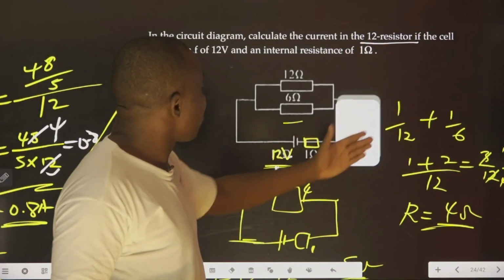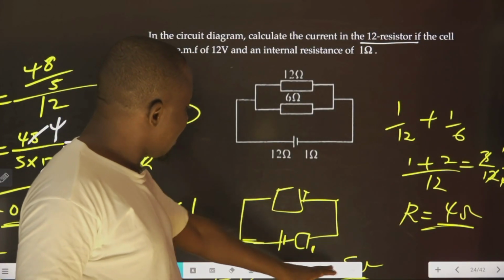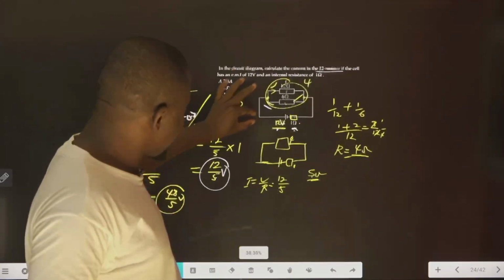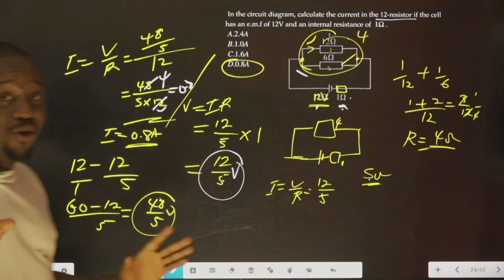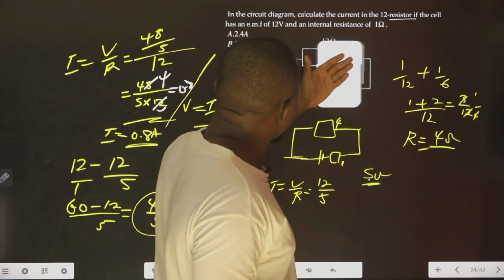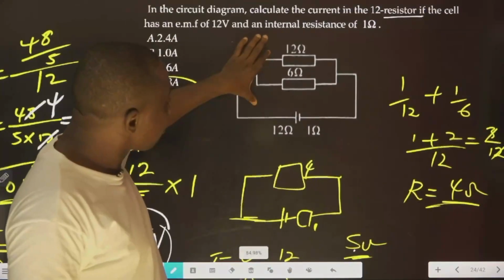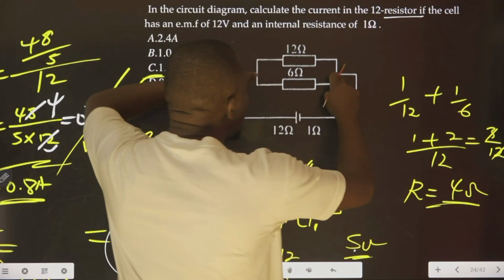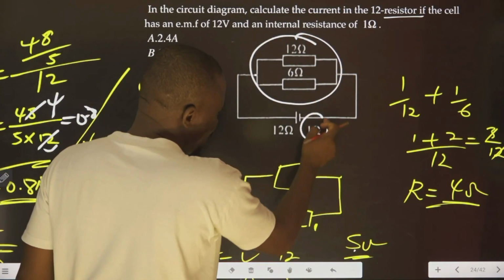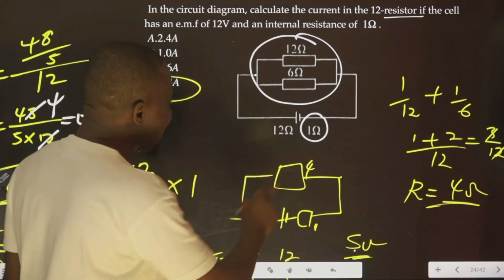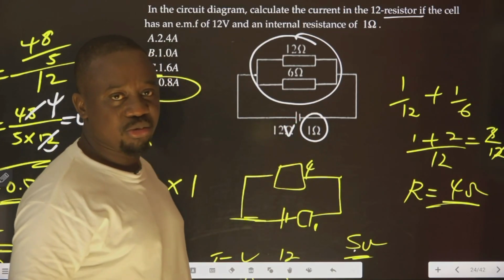This is the original question, right? In case you want to take a screenshot, you can see everything. I believe you have done that. Now, let me explain again. These two are like one family versus this 1 ohm. They are the ones that will share this 20 volts.